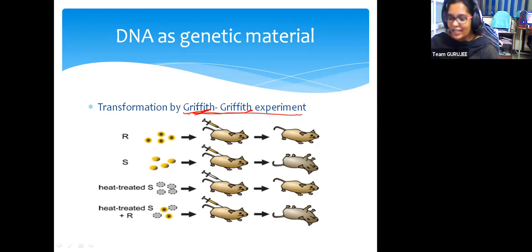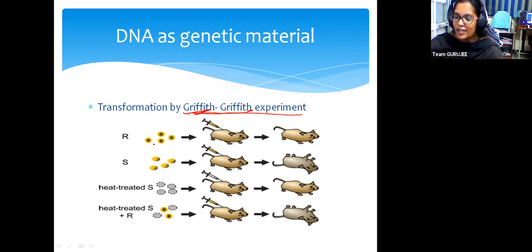No one had any idea about it. Griffith first gave some concept regarding this, though it was not proved by everyone. So what he did: he took 4 mice.